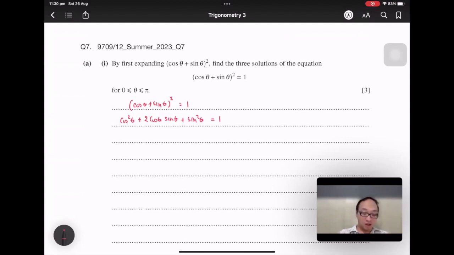So I can combine cos²theta and sin²theta, which is 1, using the identity. Plus 2 cos theta sin theta equals 1. So that means 2 cos theta sin theta will be equal to 0.